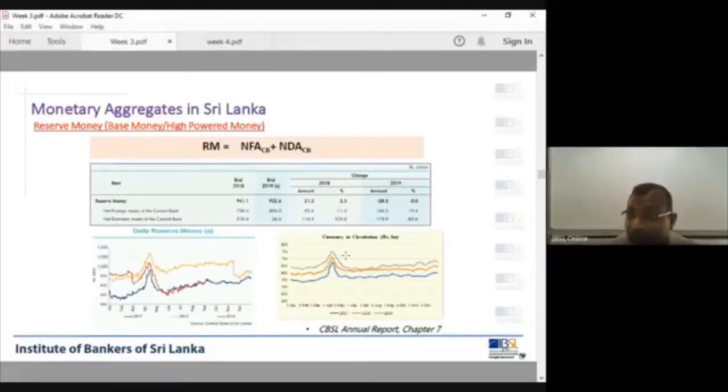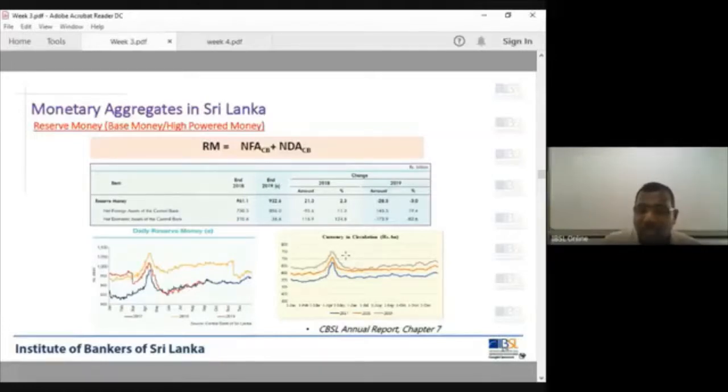Yes. But what will happen to some other variables? What is the link between reserve money and broad money? How do we link those two? What is the linkage?